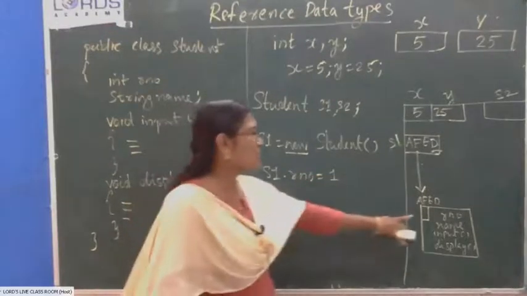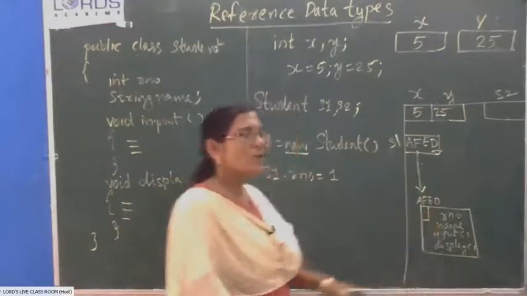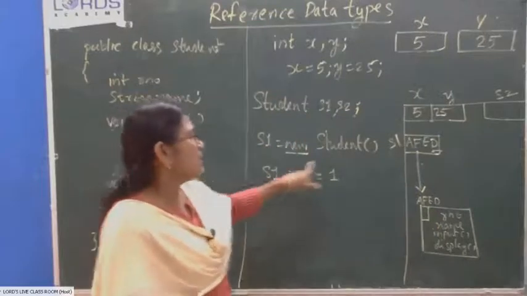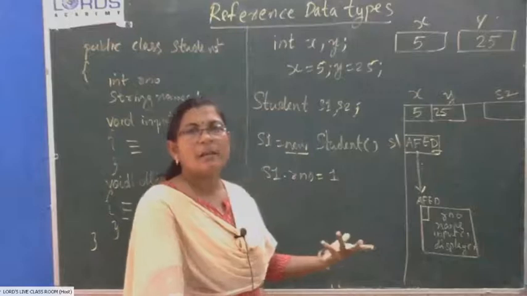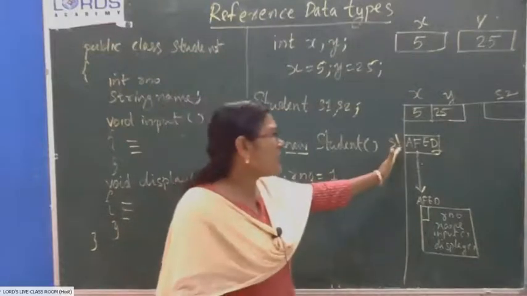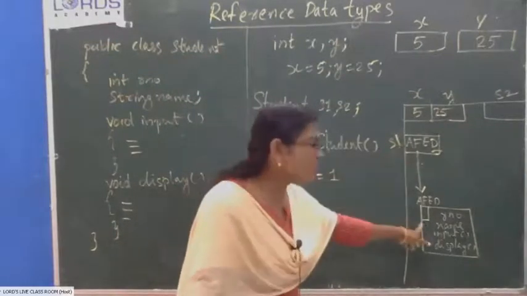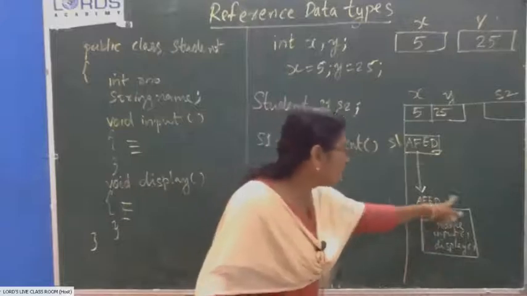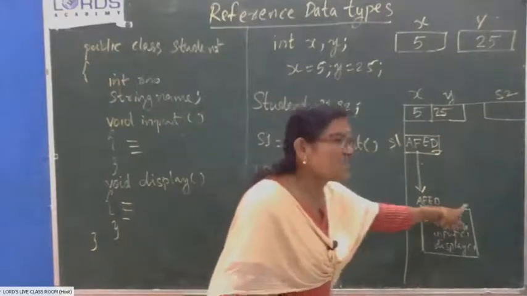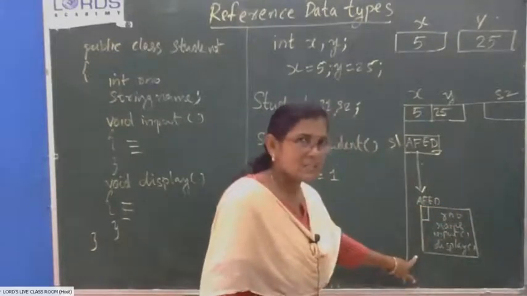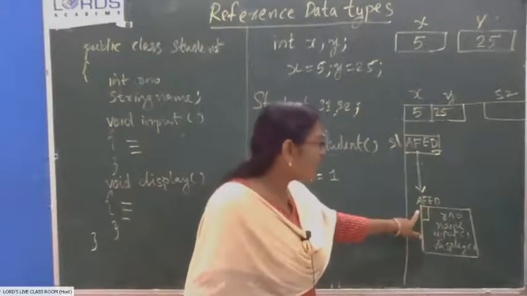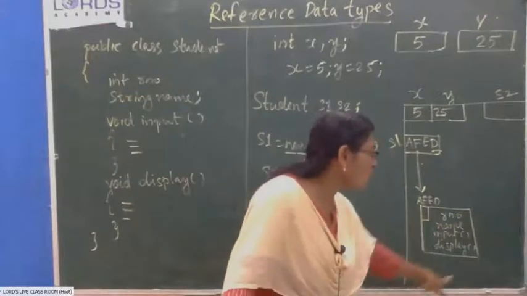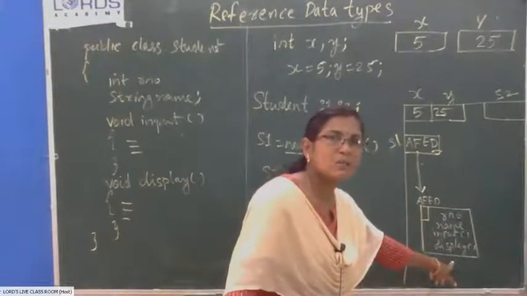What I am telling the computer is: go to S1, which gives you a memory address, and go to that memory location. From there you reach the beginning of the object and can navigate through all its other memory locations.